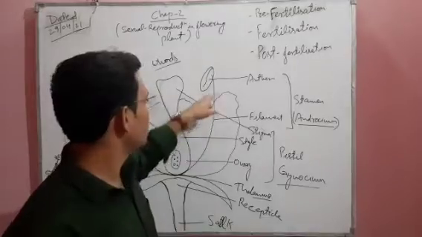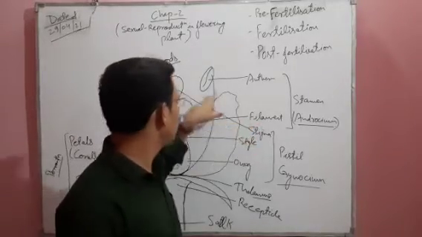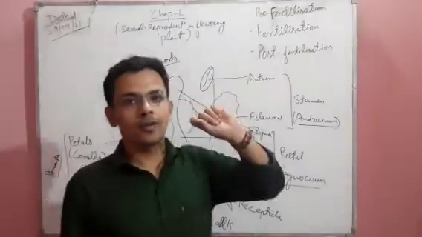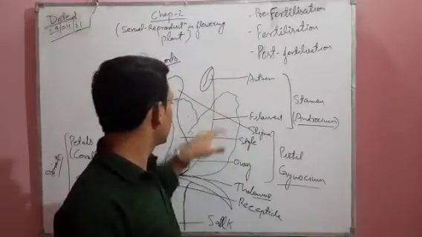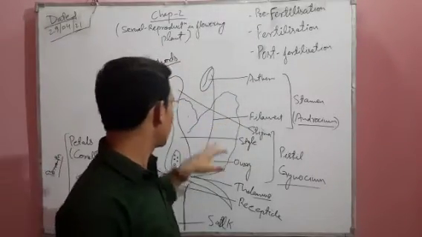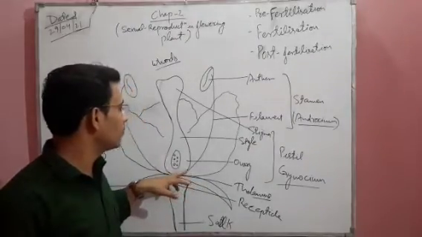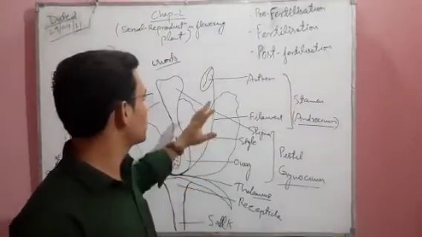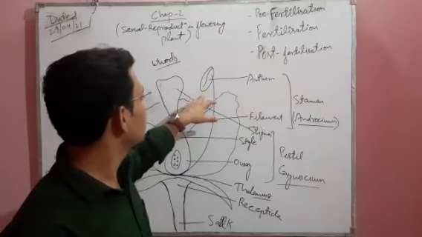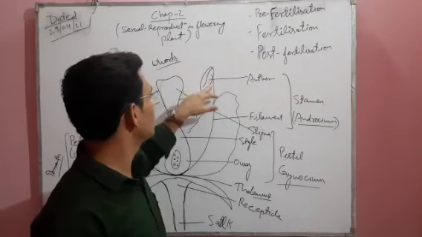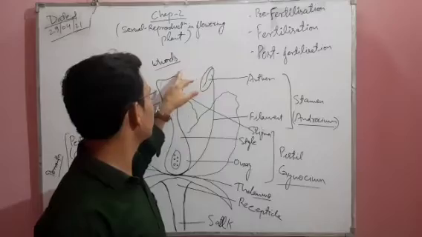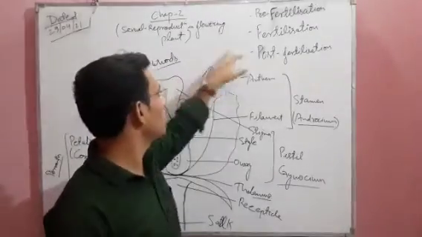And what is the role of filament? Filament helps in standing the anther, attaching it at the end of this ovary. It provides a stand to expose the anther to the stigma in the same flower or in another flower.